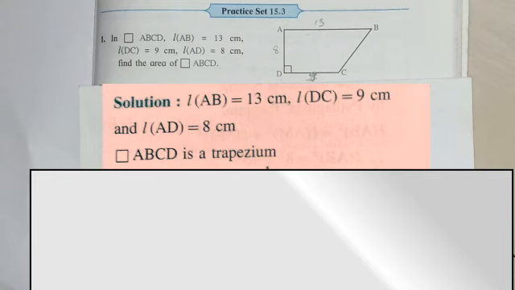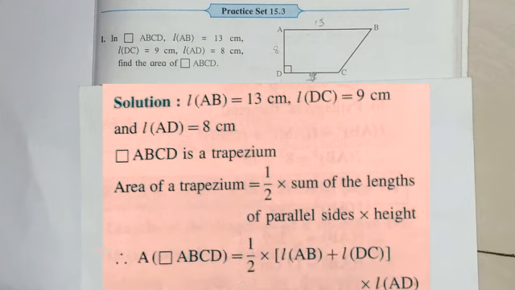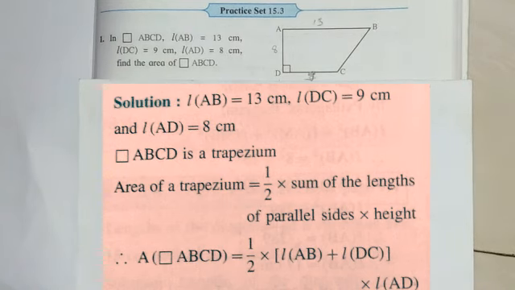Area of trapezium is equal to 1 upon 2 into sum of the lengths of parallel sides multiplied by the height. So in this way we have to write the formula at first. Then let's put the values into the formula. Therefore, area of trapezium ABCD is equal to 1 upon 2 into bracket, length of AB plus length of DC, close the bracket, and then multiply with length of AD.